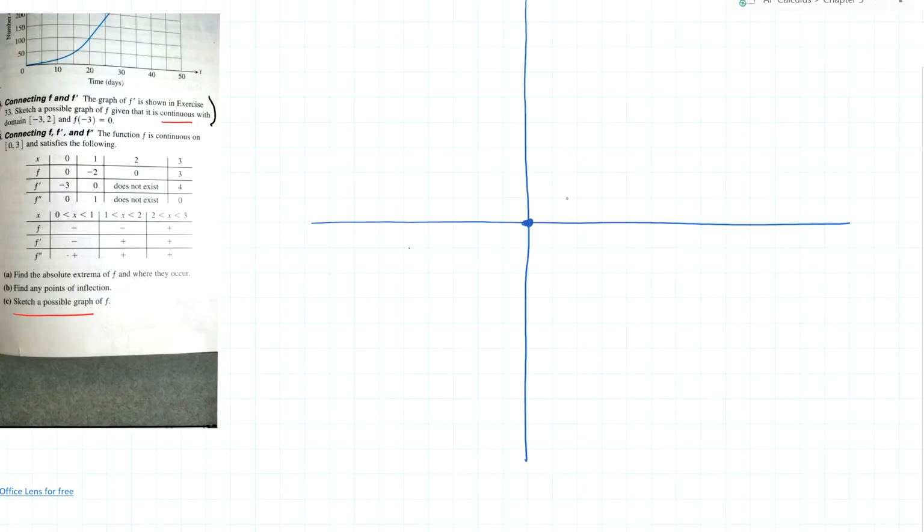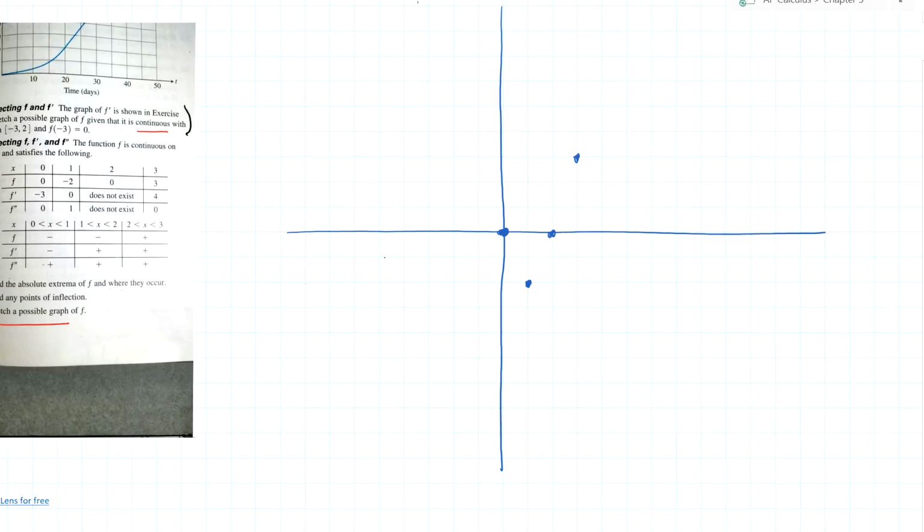I'm just going to look at values. We're talking f values, 0, negative 2, and 3, and so forth. So f of 0 is 0. f of 1 is negative 2. f of 2 is 0. f of 3 is 3.